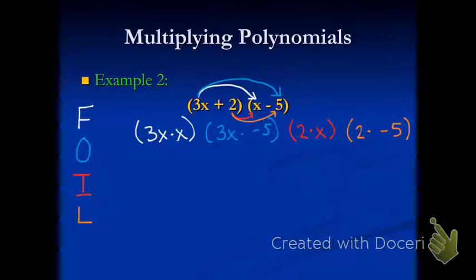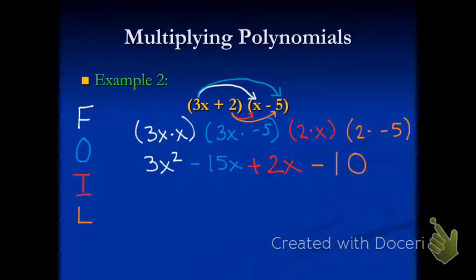And now we're going to multiply these out. So 3x times x would be 3x squared. 3x times a negative 5 would be negative 15x. Positive 2 times x would be plus 2x. And then a positive 2 times a negative 5 would be negative 10.